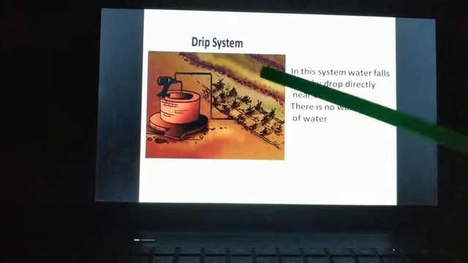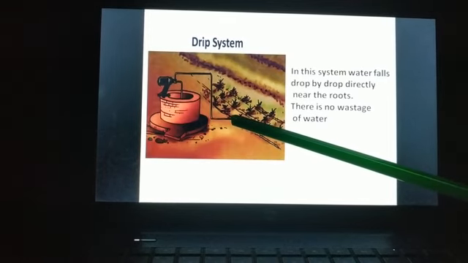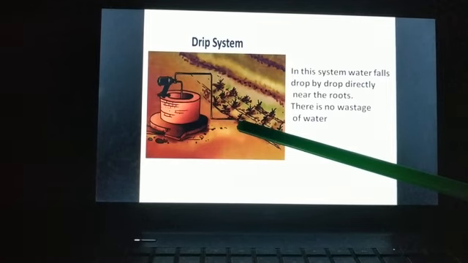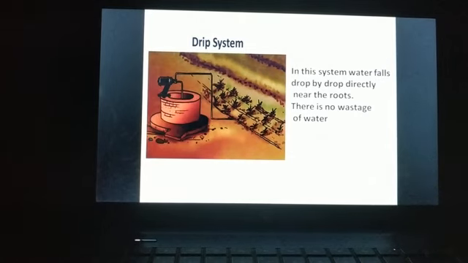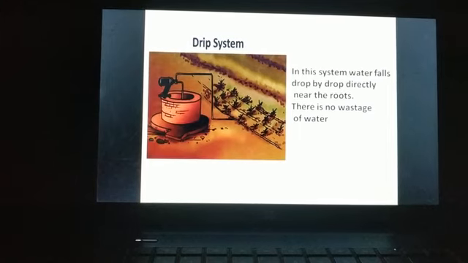Here water is provided drop by drop near the root of the plant. This method is very efficient, and is best suited for fruit plants, for gardens, and for trees.